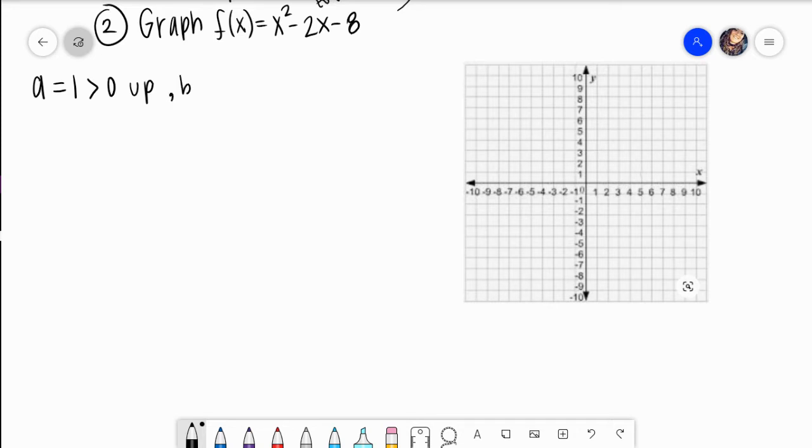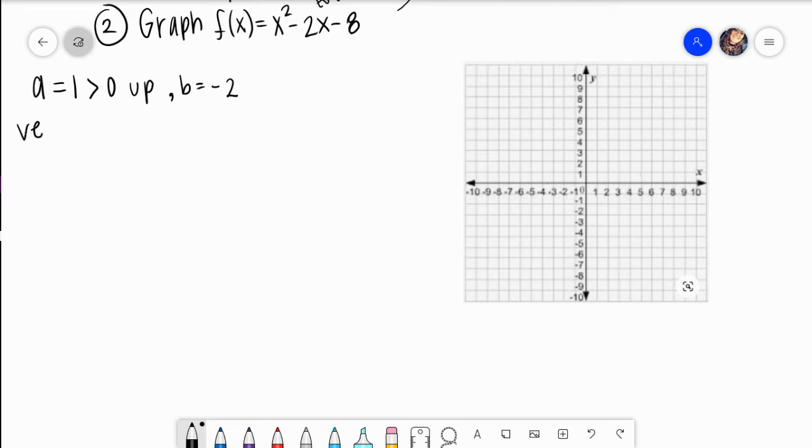I need to know my b, which is a negative 2, and I need to know my c, which is a negative 8. Actually, I don't need to know my c. I got so used to doing the AC method. The only thing we honestly need to know is just our a and our b.